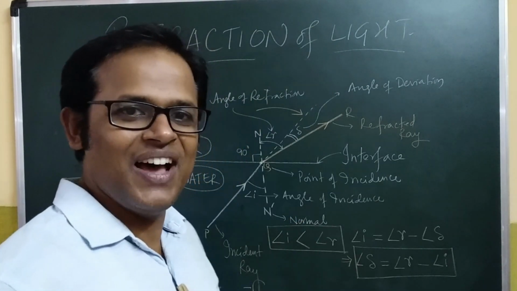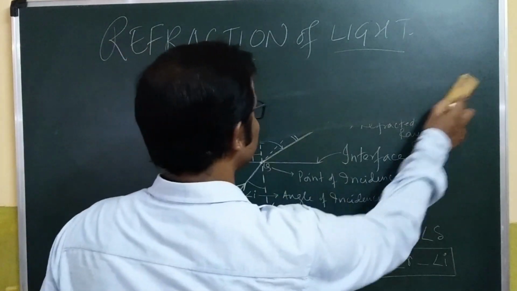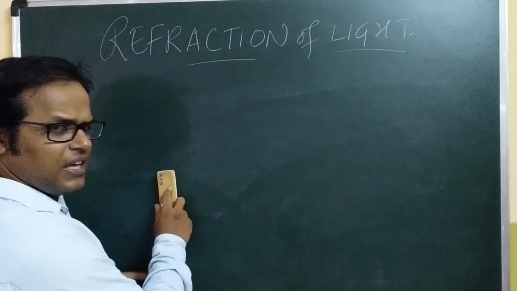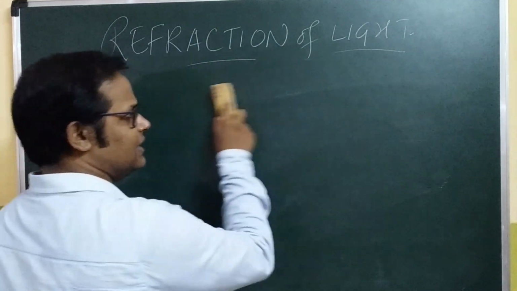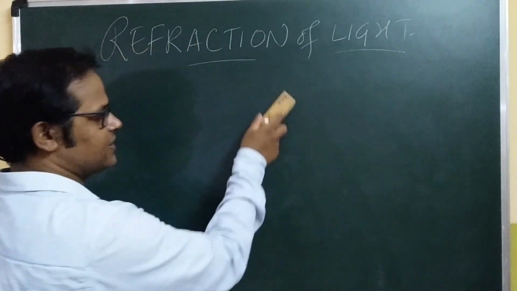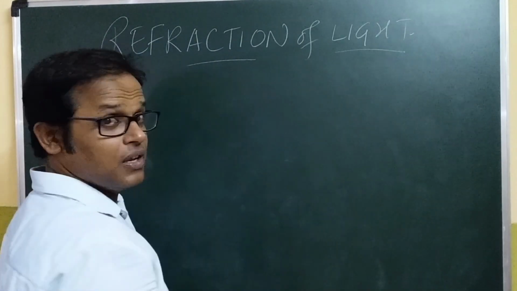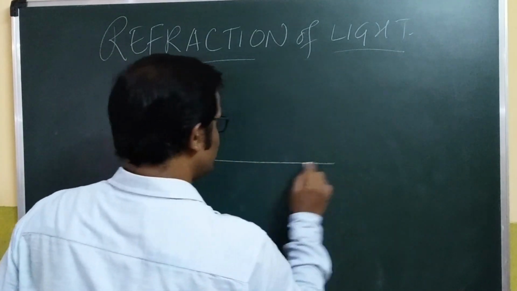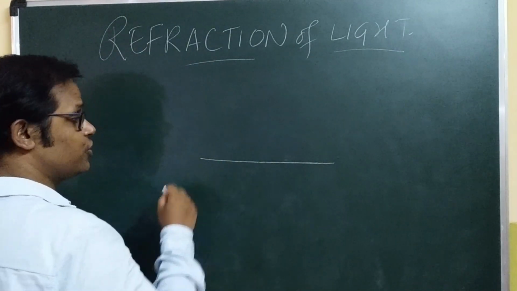Okay, now let me show you what would have happened if the ray of light, rather than being incident obliquely, just strikes along the normal. What would have happened in such a case? I already showed you a practical visual.